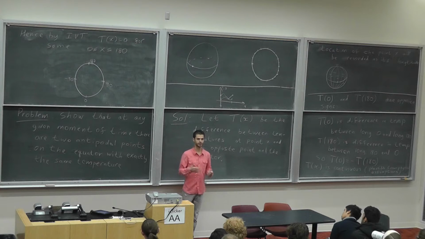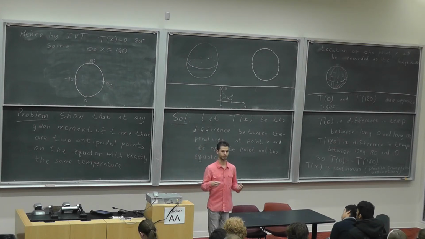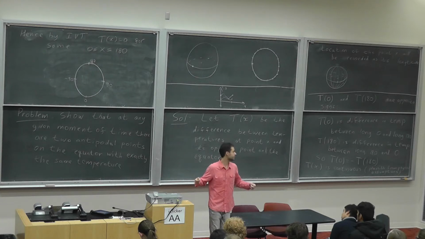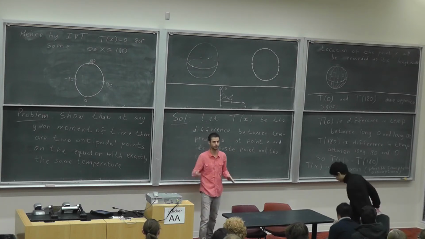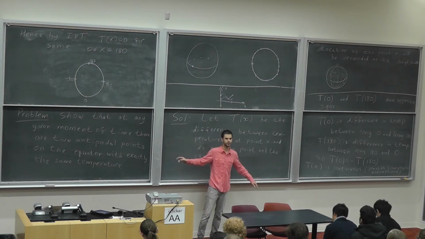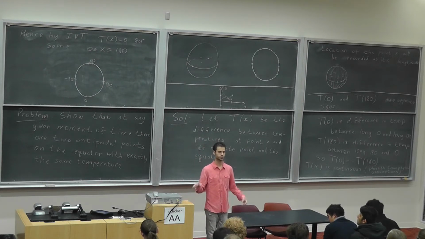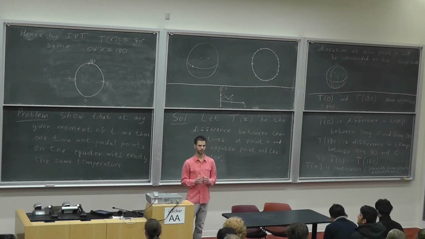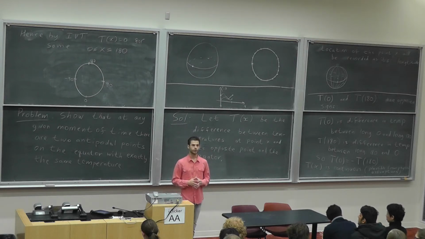That's exactly why it applies to your first question about how the point depends on time. Well, this argument tells you nothing about how it depends on time. It might be changing from one moment to another. But at every moment of time, you can apply this argument and get at least one pair of points which are opposite to each other and temperature is equal.